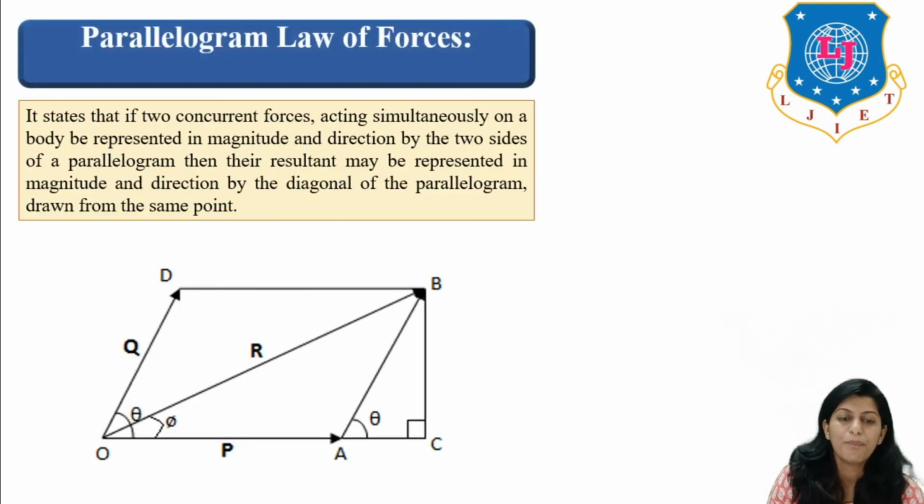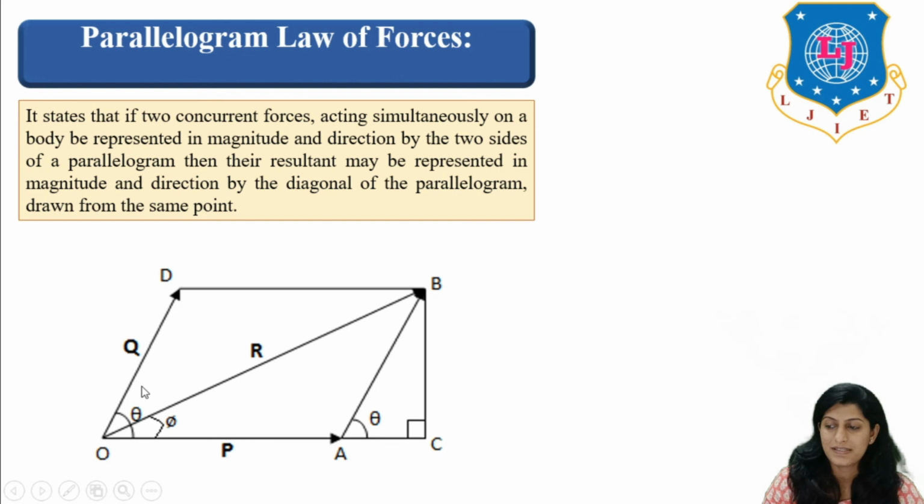Now come to the parallelogram law of forces. It states that if two concurrent forces acting simultaneously on a body are represented in magnitude and direction by two sides of a parallelogram, then the resultant may be represented in magnitude and direction by the diagonal of the parallelogram.